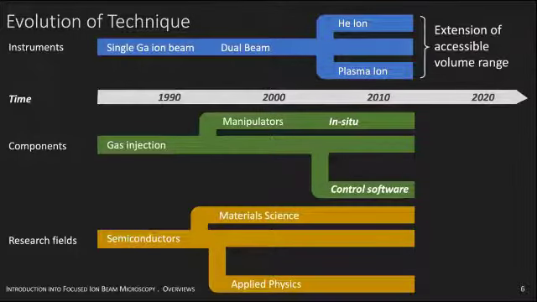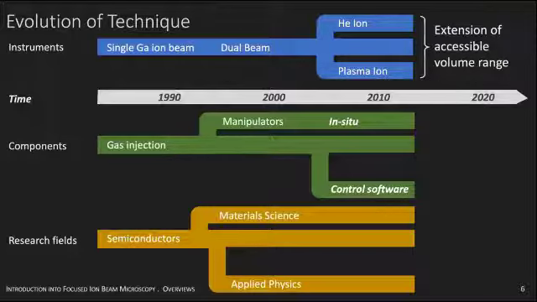These instruments, because of the slightly different behavior and the slightly different design of the source, not only change the way these beams are interacting with the material, they also extended the accessible volume range that we can now analyze. So helium ion beam microscope allows you to focus a little bit sharper. The plasma ion microscope allows you to look at larger volumes.